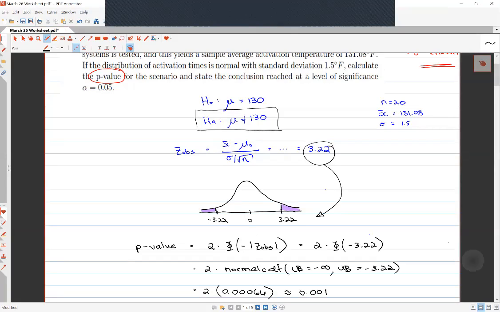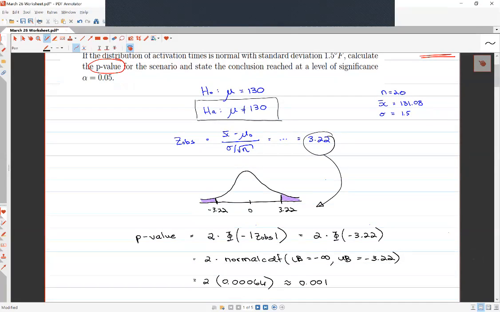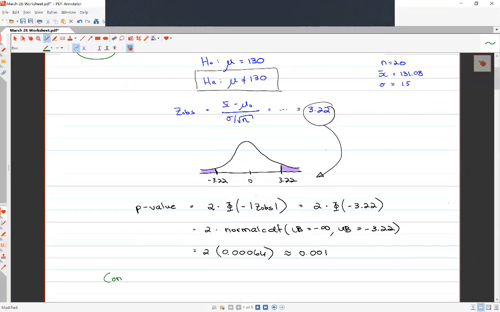Now, determining what the p-value says about your null hypothesis is done by comparing it to the level of significance, or the alpha value of the test. So we want to compare the p-value to the alpha value. In this instance we have a p-value of 0.001.